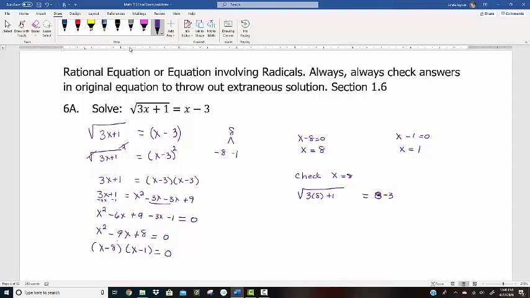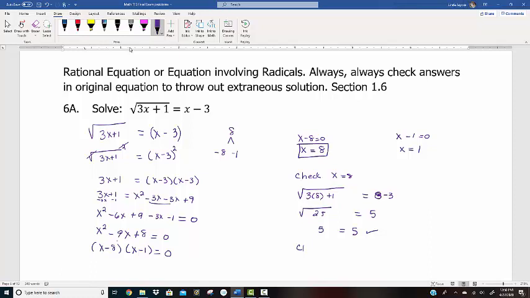Alright, so this 3 times 8 is 24 plus 1 would be 25. And does that equal 8 minus 3? 8 minus 3 is 5. Square root of 25 is 5. So that one works. So right now, we know this is an answer. So I'll box that one.